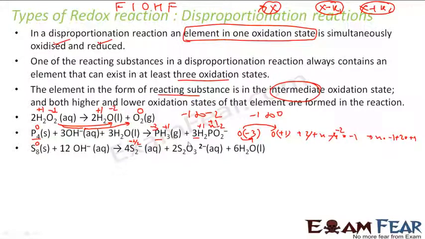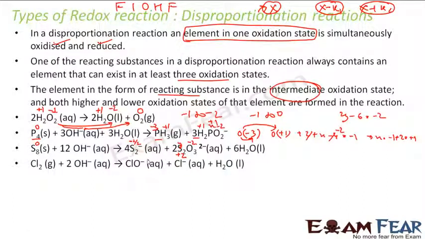Oxygen is -2, -2 into 3 is -6. Let's assume this is y. So 2y minus 6 is equal to -2, so y is +2. So you see 0 became +2, 0 became -1/2. So one got oxidized, one got reduced.